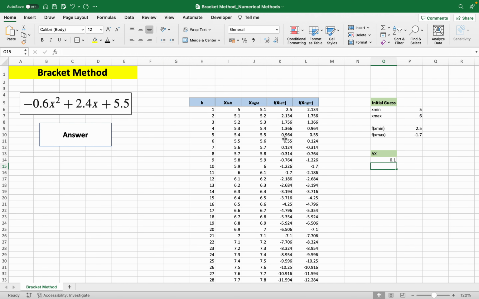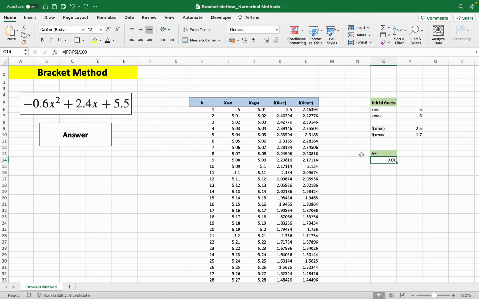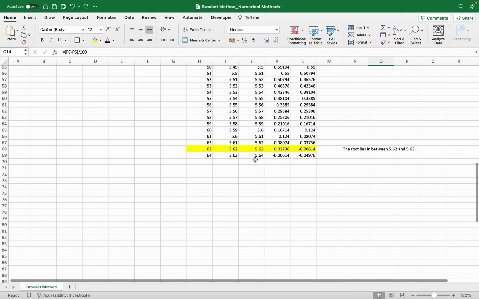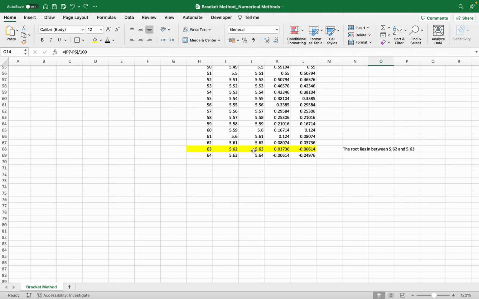Look. Immediately, we'll have a different sign here, right? Look, positive, negative, right? At the 7th iteration here, but it's much more inaccurate, right? Because it says here the root lies in between 5.6 and 5.7, which is a much bigger gap compared to the previous one, where our interval is 0.01, and the root lies in between 5.62 and 5.63, so it's much more narrowed down.